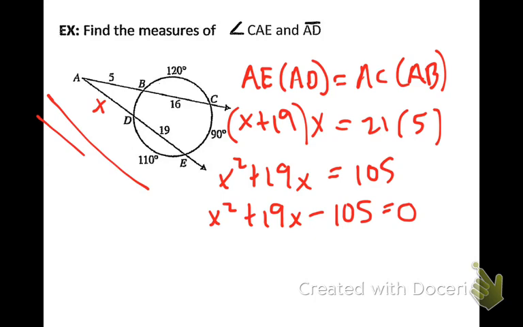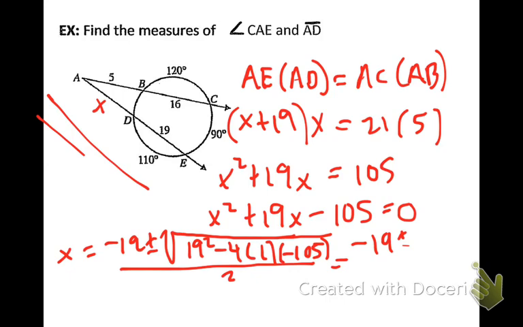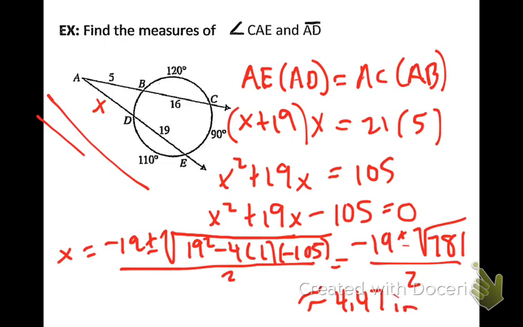So that's going to be x equals negative b, which is negative 19, plus or minus the square root of 19 squared minus 4 times 1 times negative 105, all divided by 2. So that equals negative 19 plus or minus square root of 781, all divided by 2, which is equal to approximately 4.47 inches.